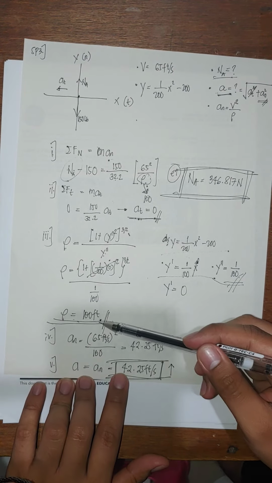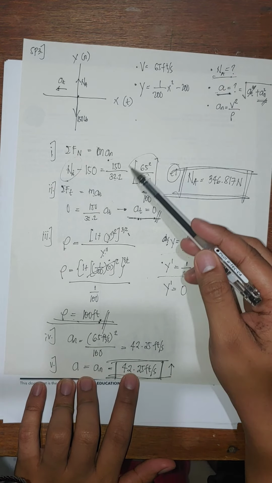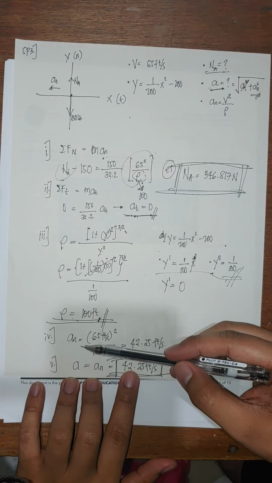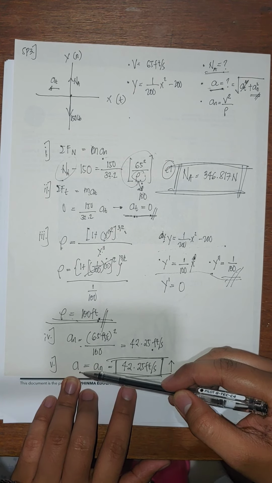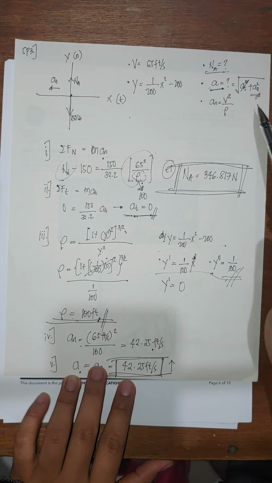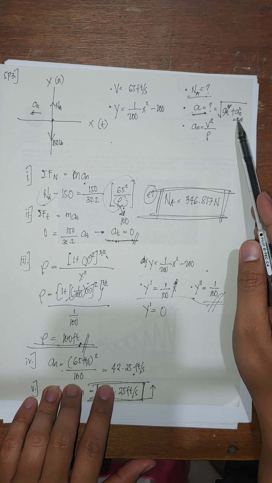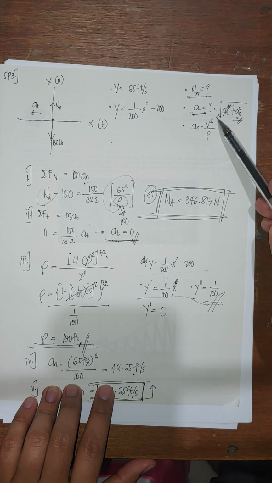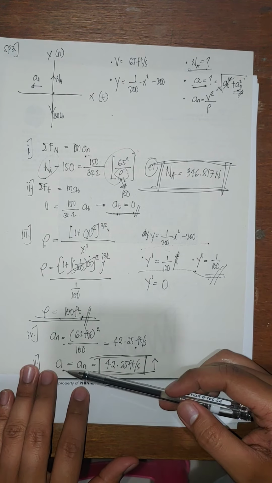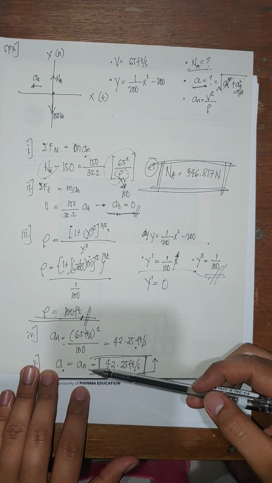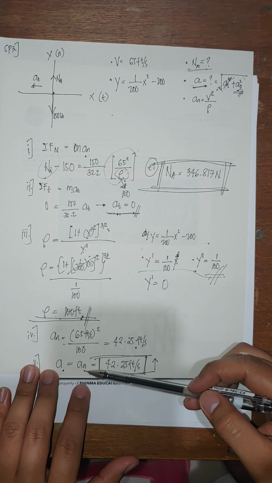So, given rho, then we can solve for the normal acceleration v squared over rho. So we have the normal acceleration. And then ang atong magnitude of acceleration should be the square root of the tangential acceleration squared plus the normal acceleration squared. Since the tangential is 0, ato lang makaingon nga ang magnitude of acceleration is just equal to the normal acceleration. And then we have the acceleration already.